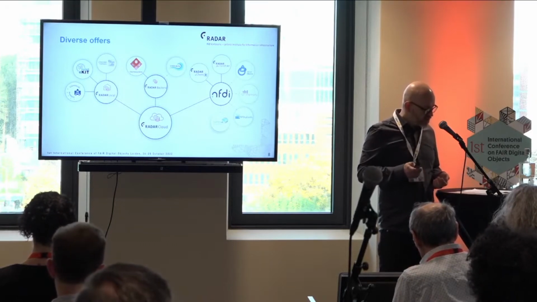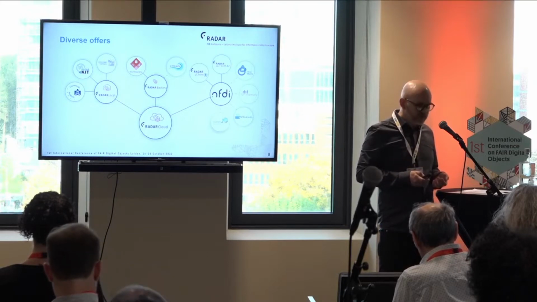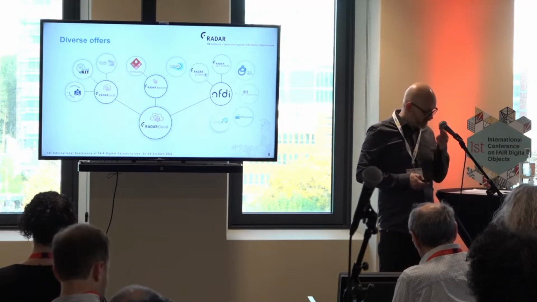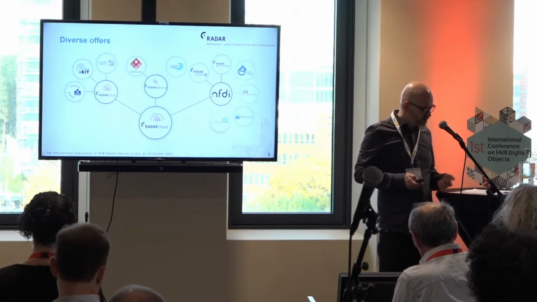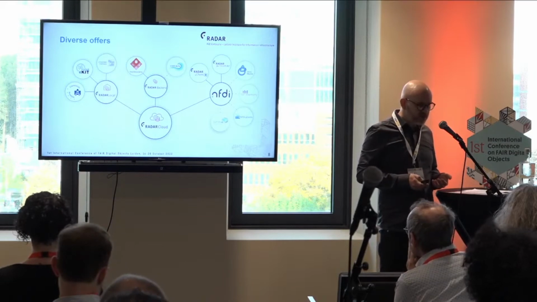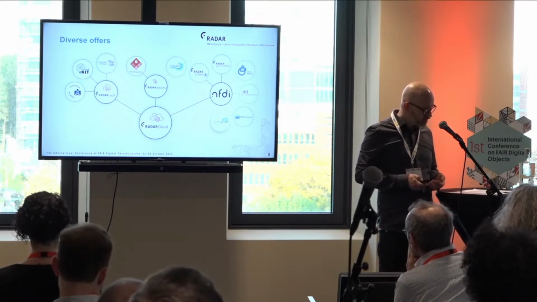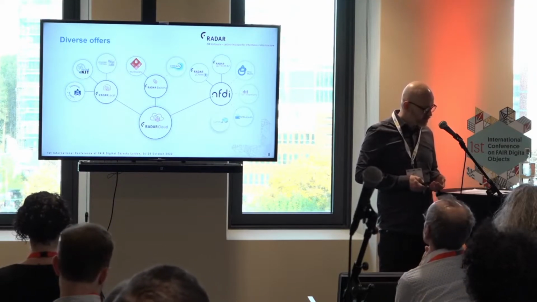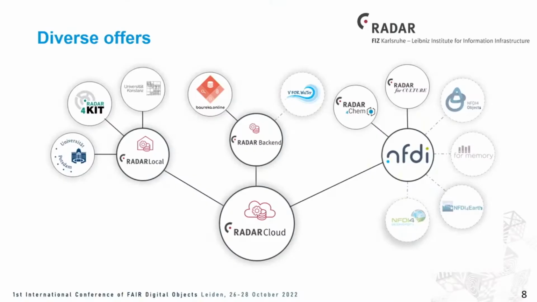Yet another special variant is the offering for the consortia within the NFDI, the National Research Data Infrastructure, that is currently set up in Germany, as I said. And here we offer data publication for NFDI for Chem, the chemistry consortium within the NFDI, in which I'm one of the co-spokespersons leading the task area repositories there.